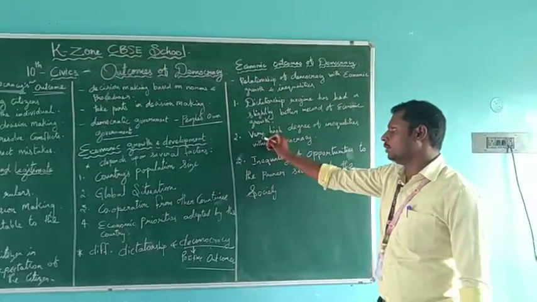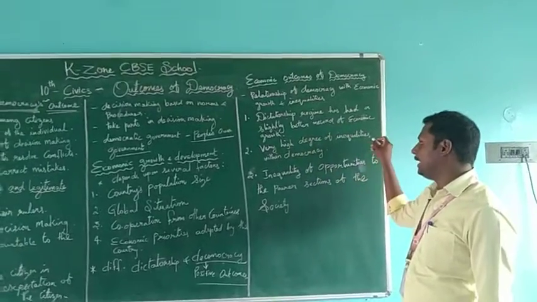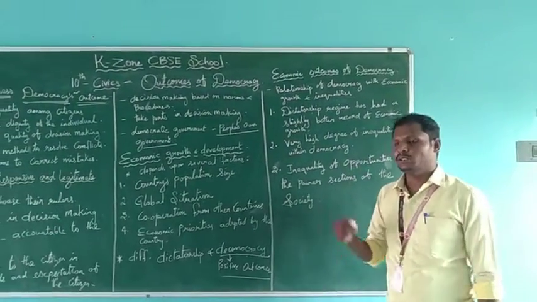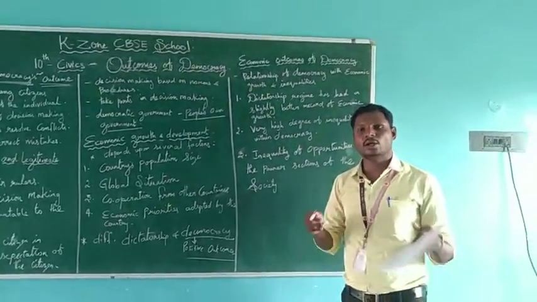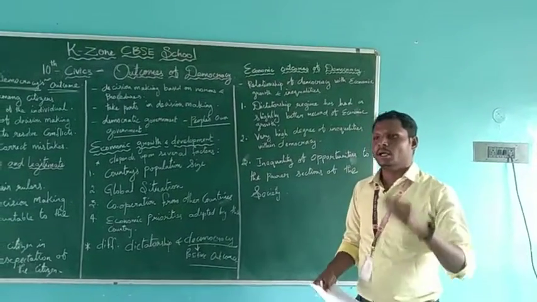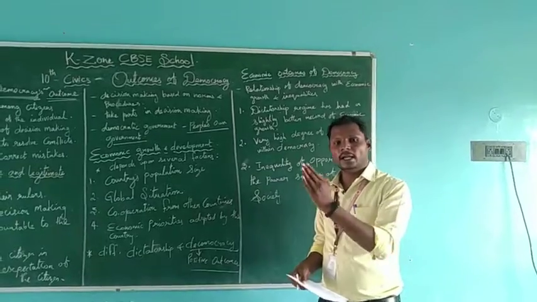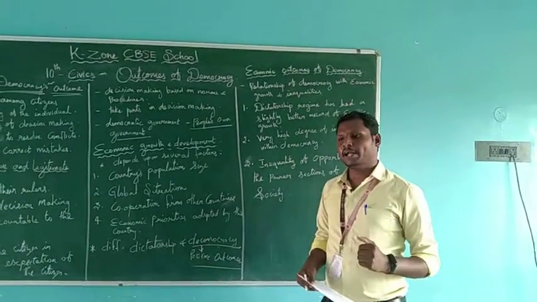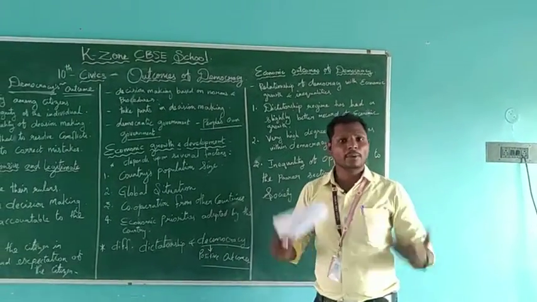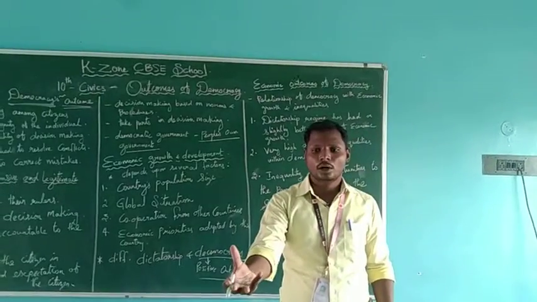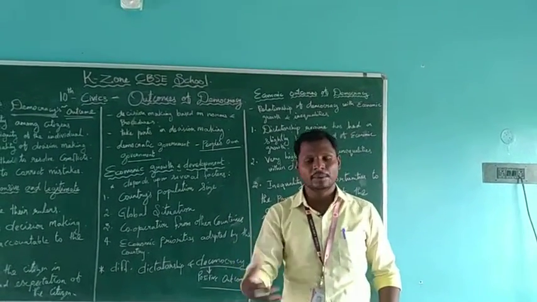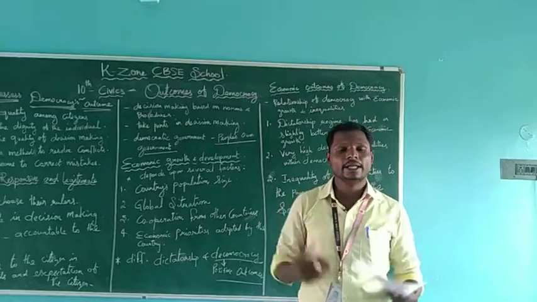The second one is a very high degree of inequality within democracy. We are in a democratic country, but there are many inequalities. Rich people get more opportunity, poor people get less opportunity. For example, if I have more money, I can invest more in the share market in the economic sector, and I will get more income.